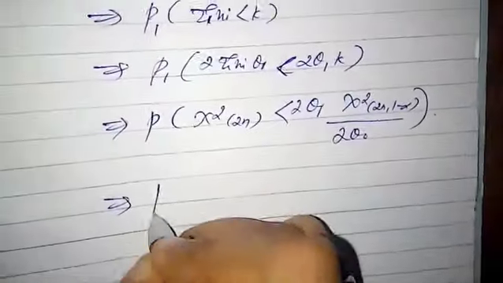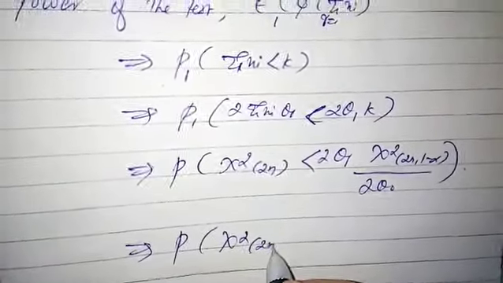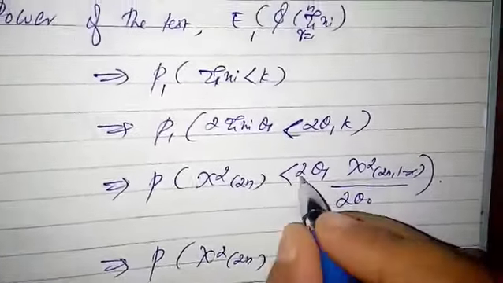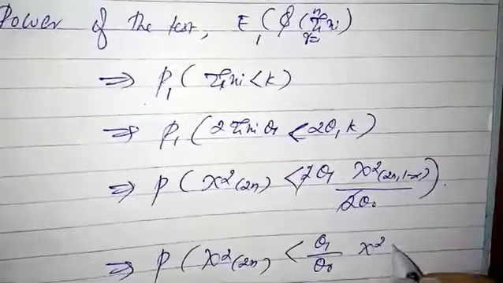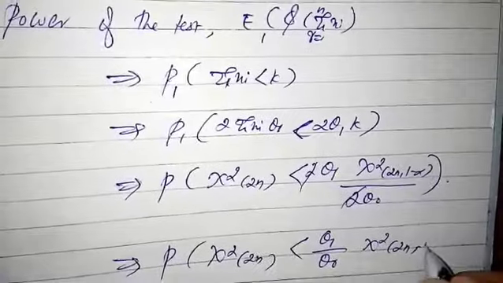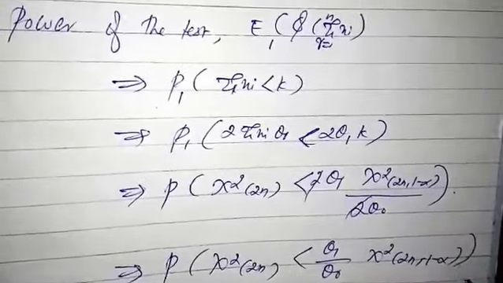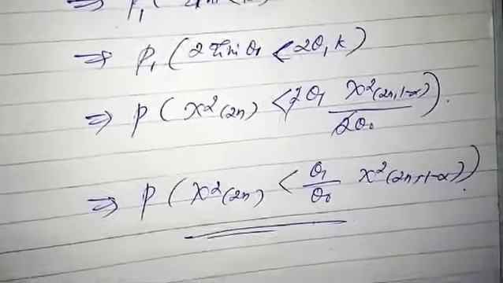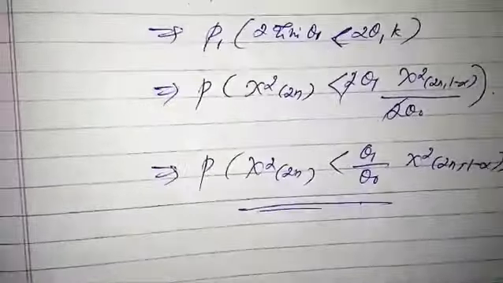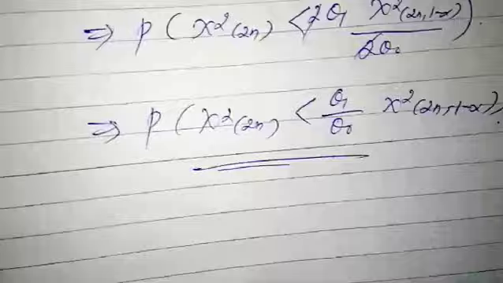Which implies the probability of chi-square 2n, which is less than, the 2 gets cancelled, theta 1 divided by theta naught times chi-square 2n, 1 minus alpha degrees of freedom. This is the power of the test in the case theta 1 is greater than theta naught.